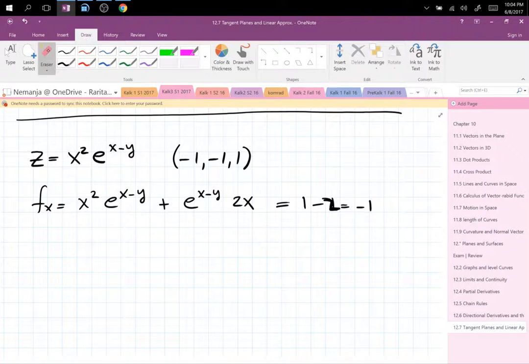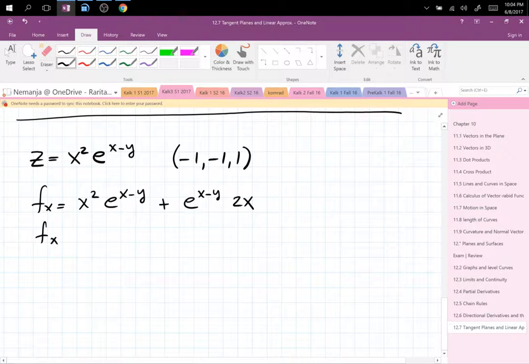Actually, this is a bad notation. fx computed at -1, -1: the exponent is 0, so the first term is 1, plus that's 0, so it's 1, and then -2, so -1 there.